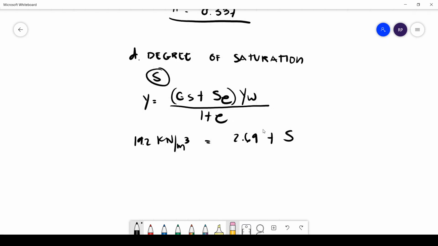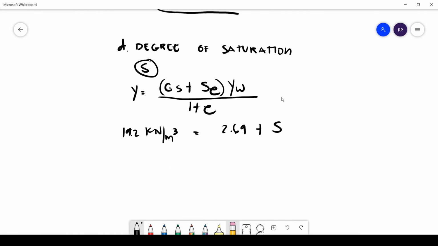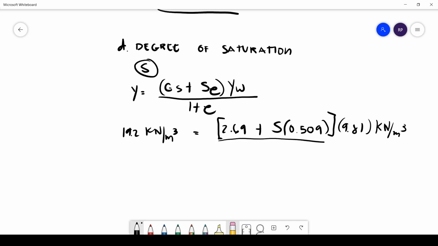Teka lang, tignan ko lang. Okay, tama. So, S, 0.509, bracket. And then our 9.81 kilonewton per cubic meter. All over 1 plus E, which is 0.509.